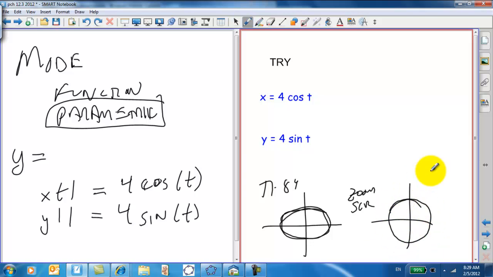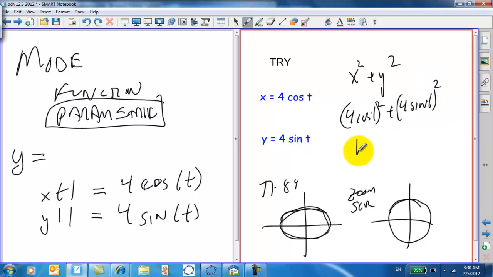And where does this come from? Well, if I take a look at these two equations and try to get them out of parametric mode, I could say x squared plus y squared would equal 4 cosine t squared plus 4 sine t squared. And that would be 16 cosine squared t plus 16 sine squared t.